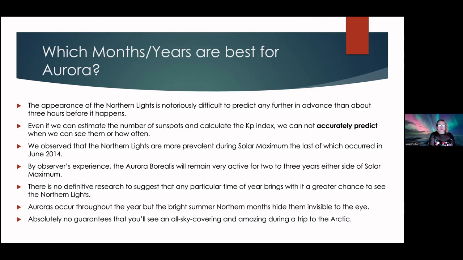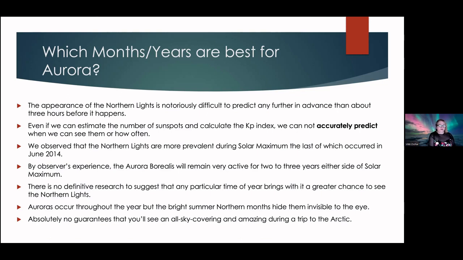And by observers' experience, aurora borealis, and actually australis too, because it's kind of the other side of the pole, remain very active for 2 or 3 years either side of the solar maximum. There is no definitive research to suggest that any particular time of the year is a better chance or not.